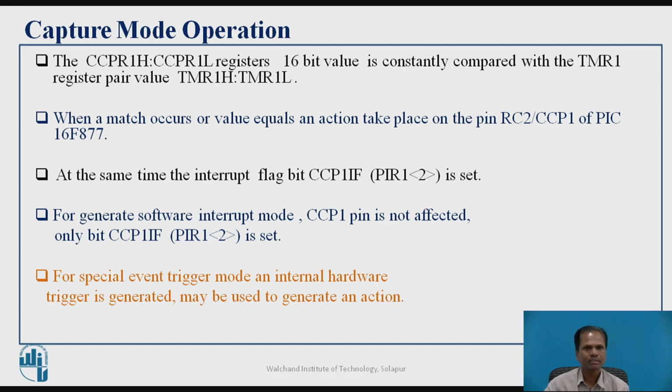When the CCP module is programmed for software interrupt generation mode, the signal on the output pin of the CCP module does not change. Only the CCP1IF bit is set in the PIR1 register at bit position 2.